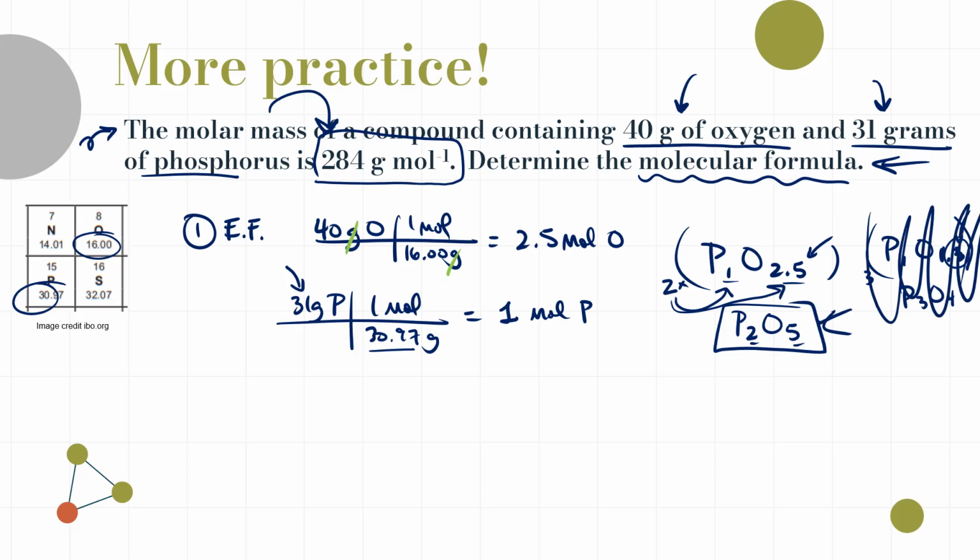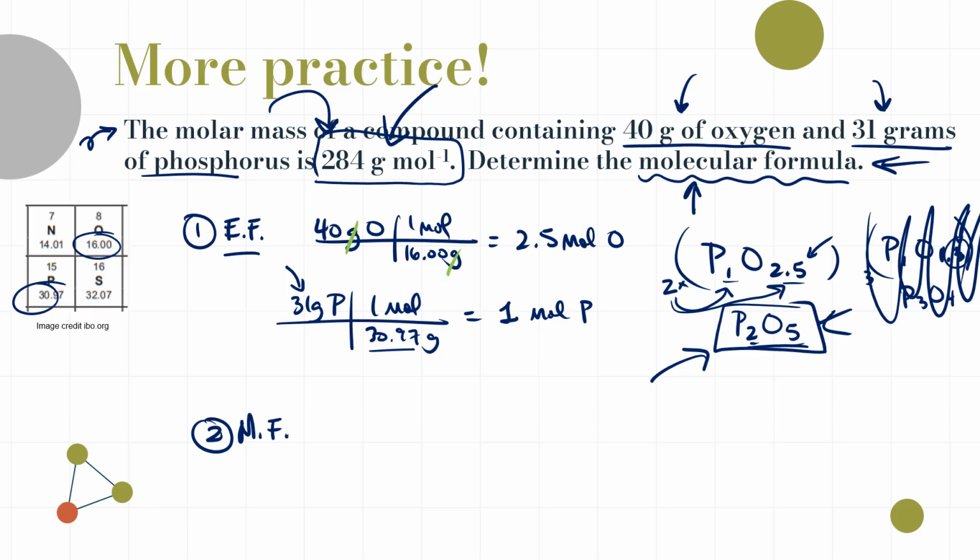All right. So now that we have an empirical formula, we can actually go and find the molecular formula that we have been asked for. What we're going to do is use this mass and this mass to find yet another scale factor.